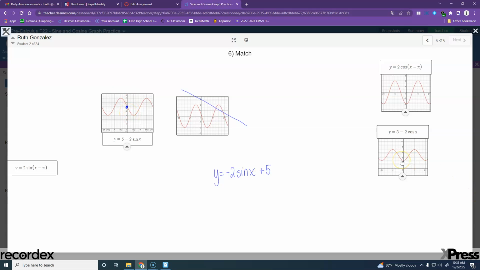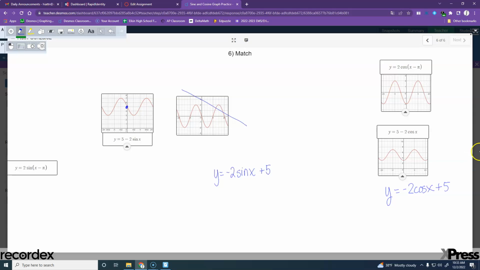Over here, let's look at this one. It's similar, but it's cosine. So again, you can write this like this: y equals -2 cosine x plus 5. So what is your midline supposed to be here? It is supposed to be 5. This has a midline of 5.